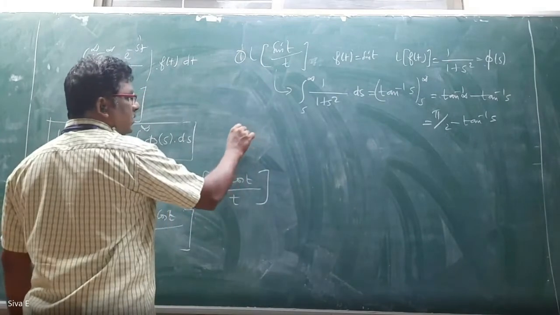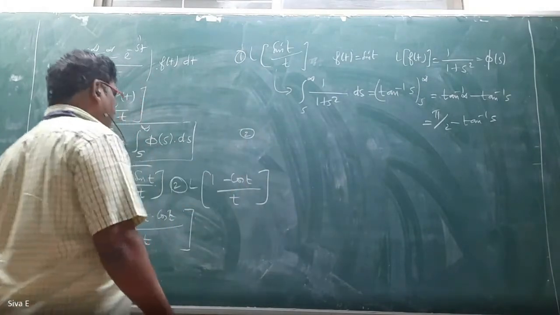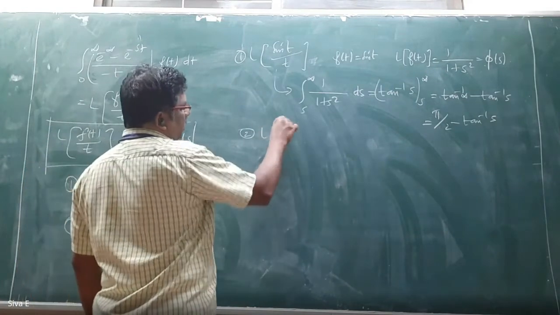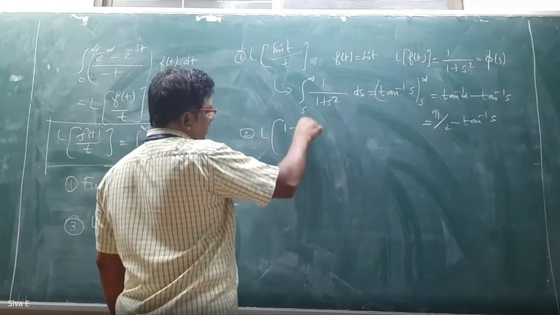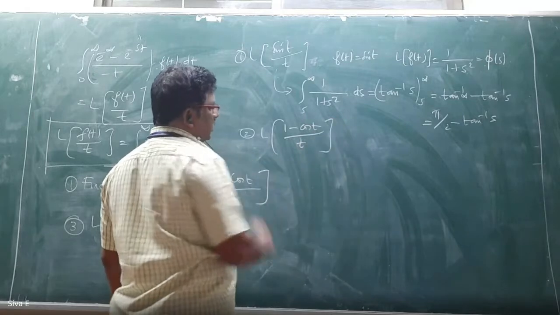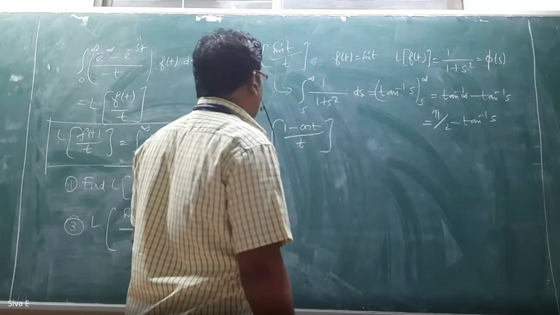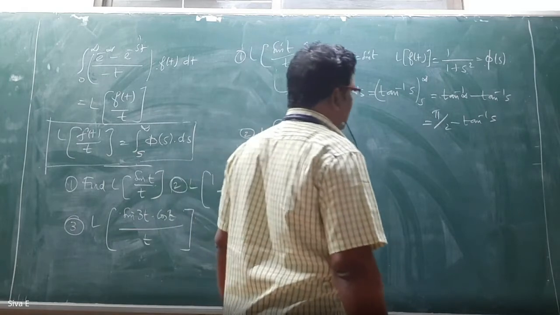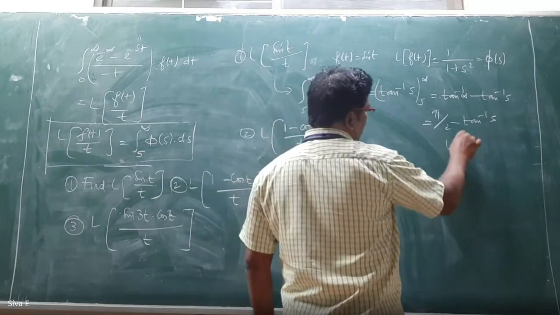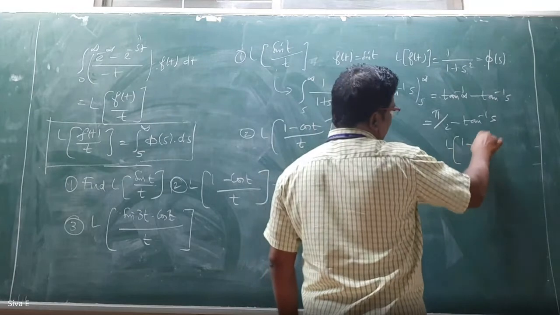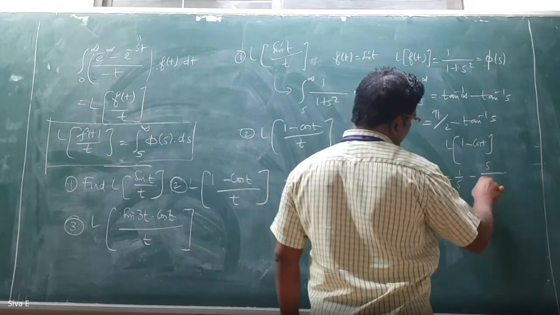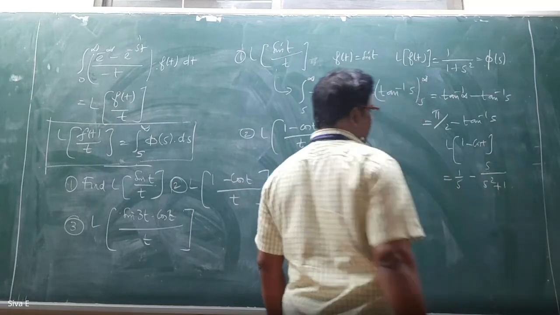Second problem is 1 minus cos t by t. Laplace transform of 1 minus cos t by t. First we have to calculate the Laplace transform of 1 minus cos t. That is 1 by s minus s by s square plus 1.